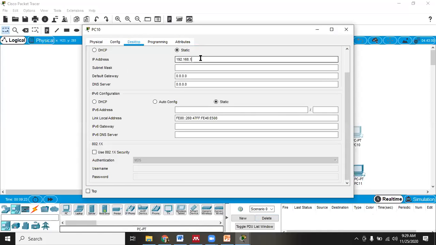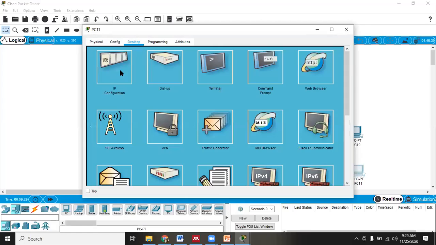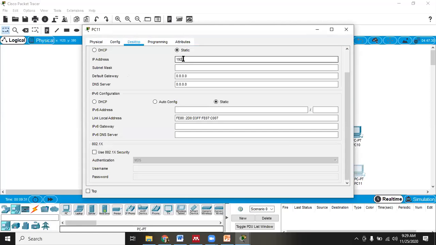So I'm taking 192.168.1.1, right? And another PC which is connected with 192.168.1.2, right?